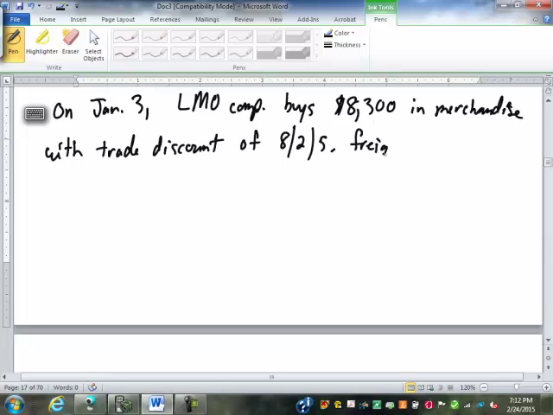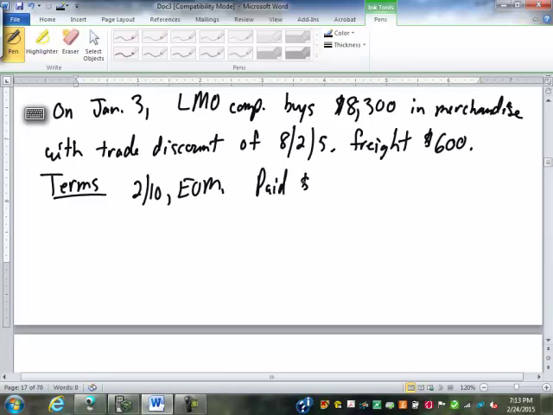Seller prepays freight of $600. Terms 2/10 EOM. They paid $3,000 on February 2nd. Find the balance.